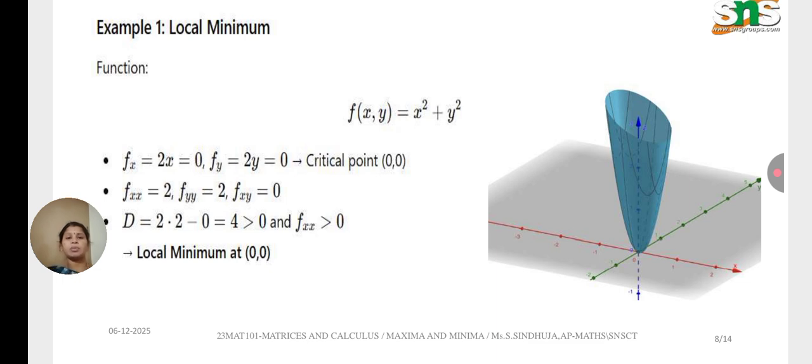So let us see an example with the function f of x comma y equal to x square plus y square. When differentiating here, we get fx equal to 2x and fy equal to 2y. So it satisfies the necessary condition, which is differentiability. When we go for the second order derivatives, we get fxx as 2, fyy as 2 and fxy as 0, that is differentiating partially with respect to x and then with respect to y, and we get D, that is ac minus b square, equal to 4, which is greater than 0.